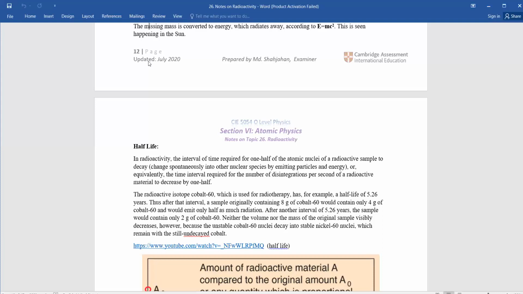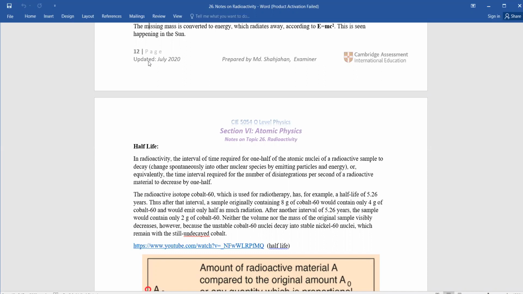So why does this happen? The reading is becoming half because, for example, we gave an amount of uranium sample, 2 grams. After some time, it will become 1 gram, right?